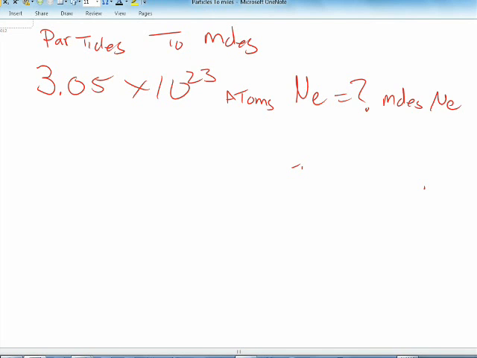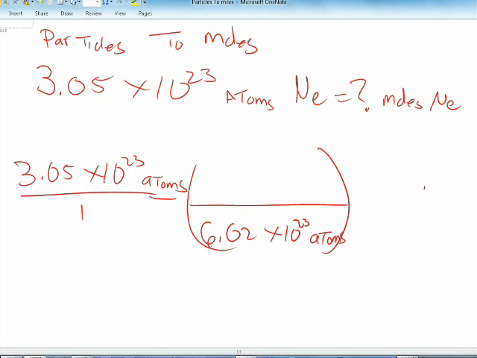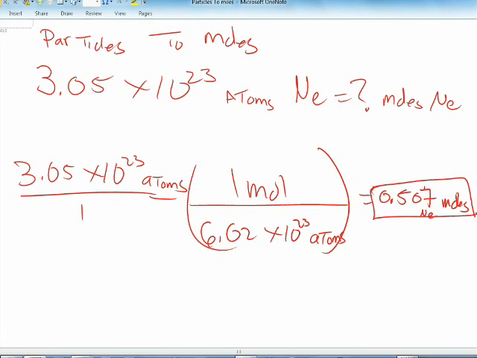Okay, well, we take that number, 3.05 times 10 to the 23rd, put it over 1, so that's atoms. Write down what you're using. Multiply it by that conversion factor, and that was 6.02 times 10 to the 23rd atoms over 1 mole, and we get 0.507 moles of neon. We're using sig figs here. There's 3 sig figs here, 3 sig figs in the answer.